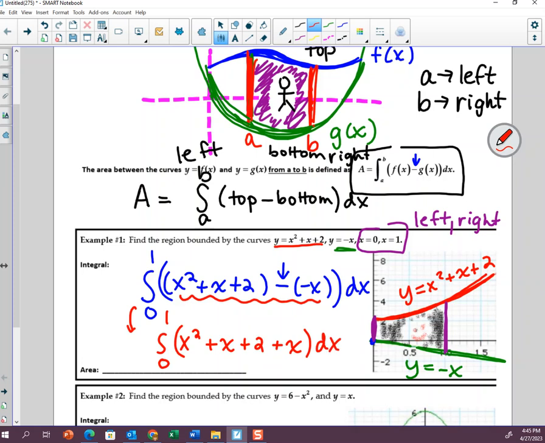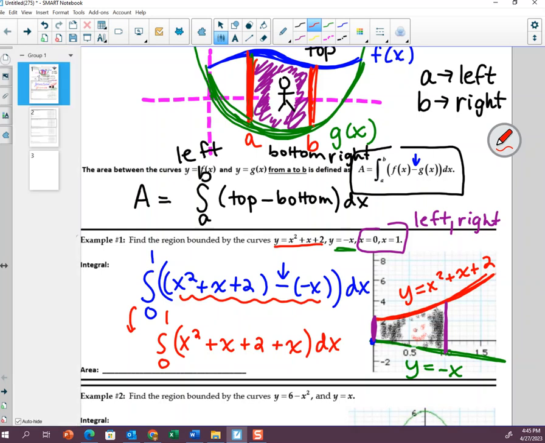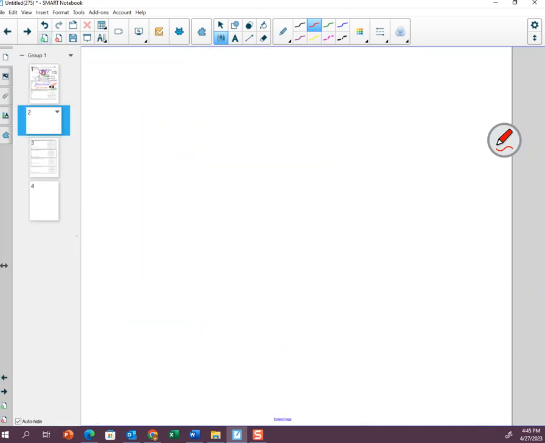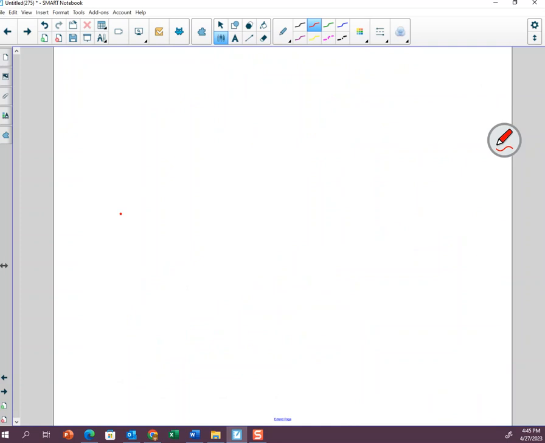Let's see if I can get another page in here. All right, so if we're looking at 0 to 2, x squared plus x plus 2 plus another x, we might combine some terms.